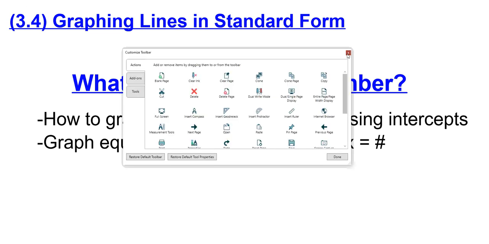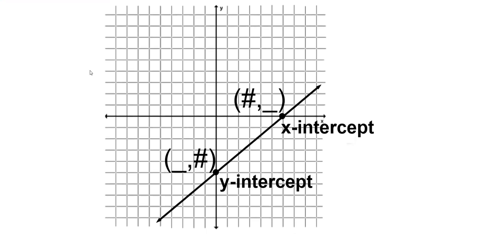So here we go. Our first note for this lesson is x and y intercepts.